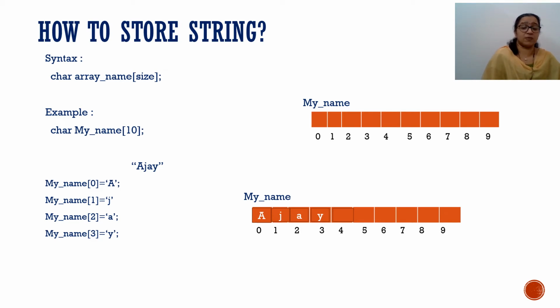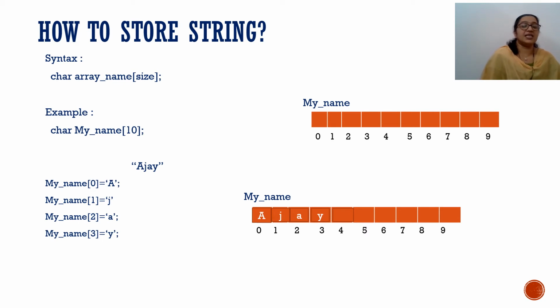Do we need to use a loop from 0 to 4? But how can we predict the length of the string? Here it's Ajay, so only 4 letters are there, but in other names maybe 10 characters, maybe 5 or 6. So it is not possible to count and display it. So what to do?